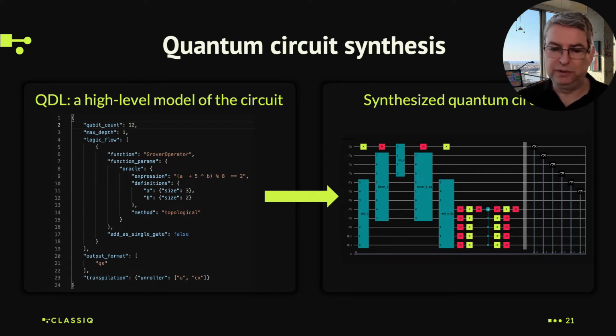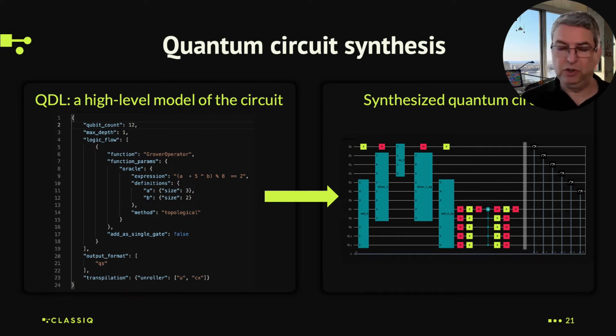And then with a press of a button, we explore millions and millions of options and get to a synthesized quantum circuit, which you see on the right, which you can check, debug, execute, modify. It's very easy to go back to the original model and modify the constraints or modify the functionality and get something completely different as your needs change, as both the model changes as well as the hardware.